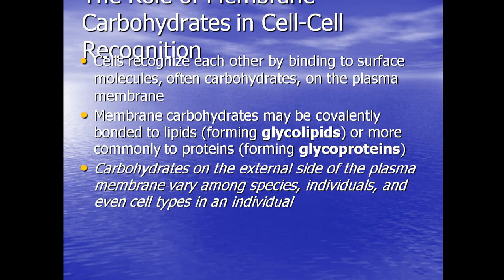So that's why it becomes easy for one cell to recognize the other one. If there's a variation, it will not accept it. It will recognize it as some foreign body, foreign material. Very important in developing our immune system.